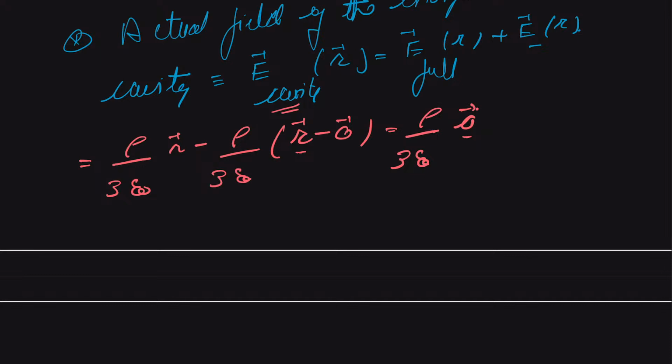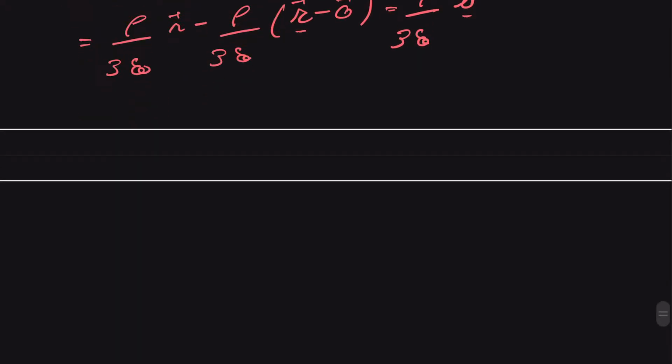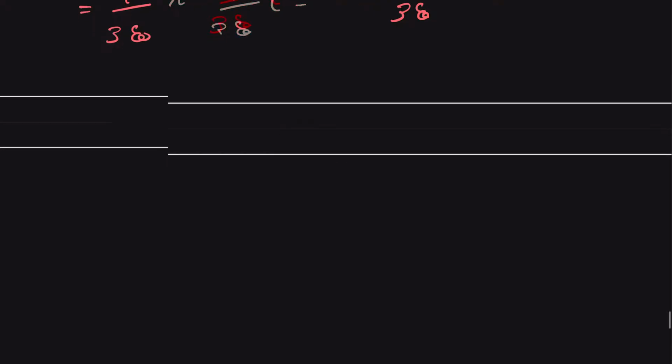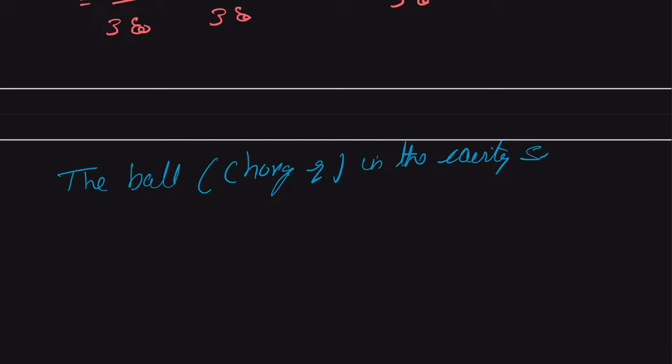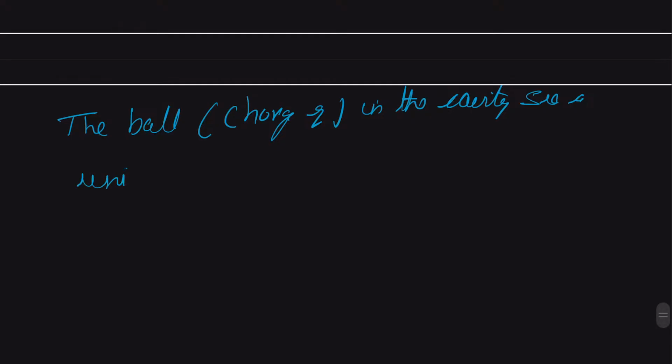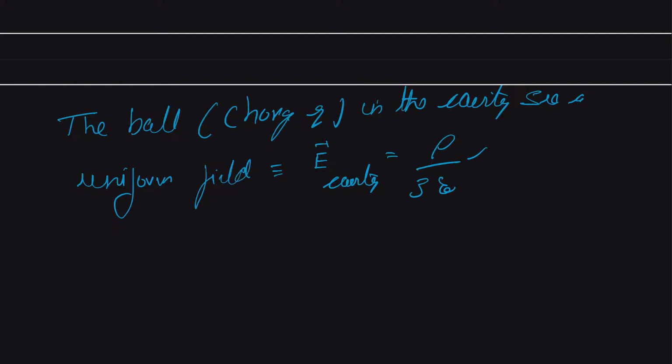It's not dependent upon R. Now from here we can say that the ball which is having a charge Q in the cavity sees a uniform field, and that uniform field is our E cavity, rho upon 3 epsilon naught and our A unit vector.